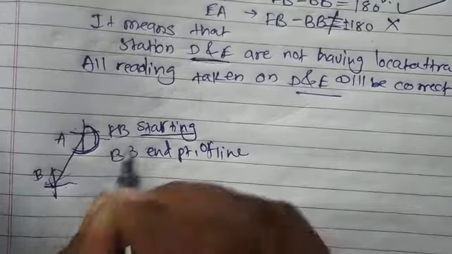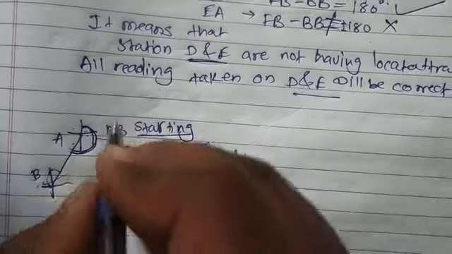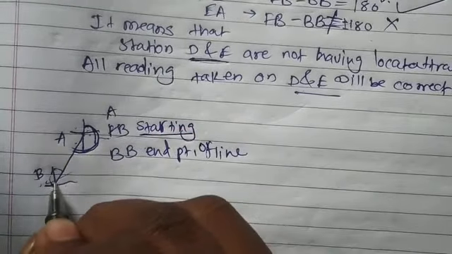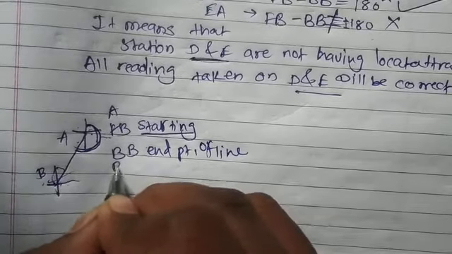It means that the fore bearing of AB is taken at A, whereas the back bearing of AB is taken at B.